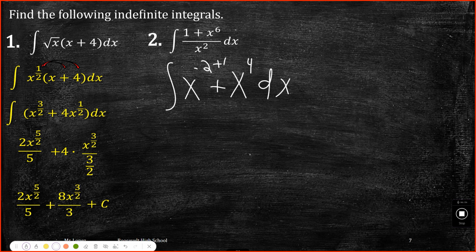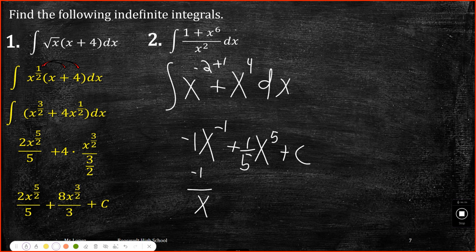So that's going to be what? x to the negative 1, and then negative 1 at the bottom, and then plus x to the 5th, divided by 5, or 1/5, and then plus c. You can simplify this more: negative 1 over x, and then plus 1/5 x to the 5th plus c.